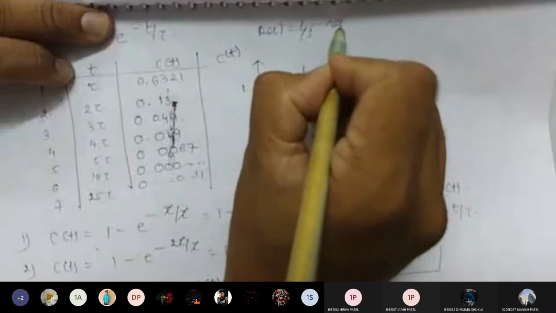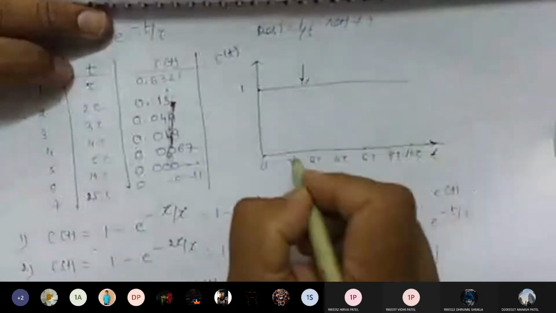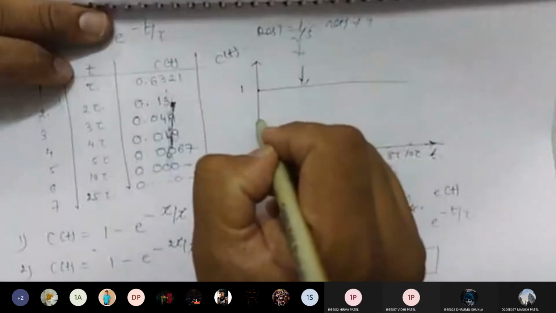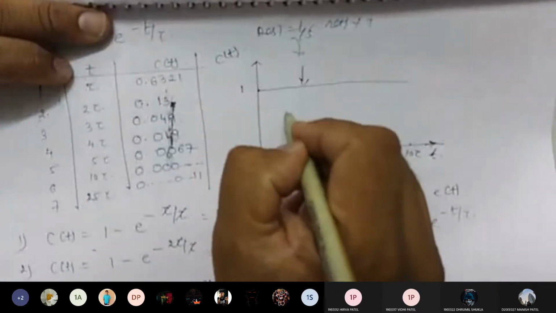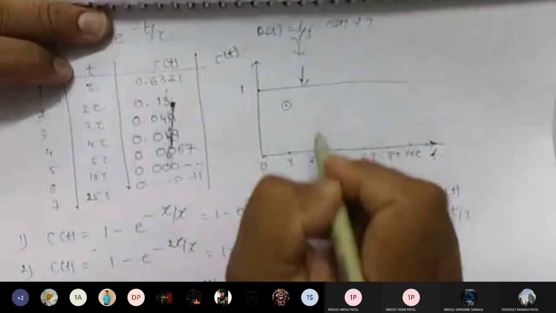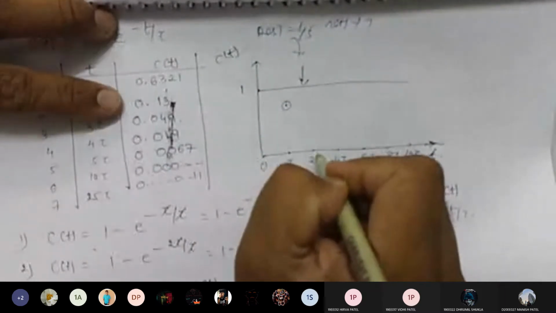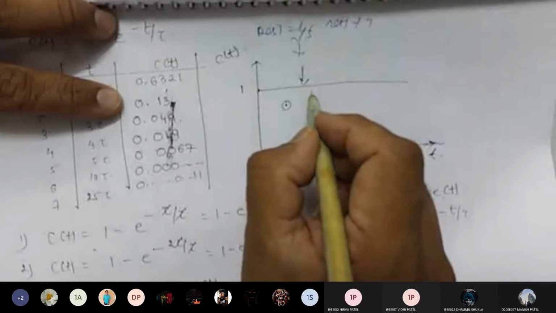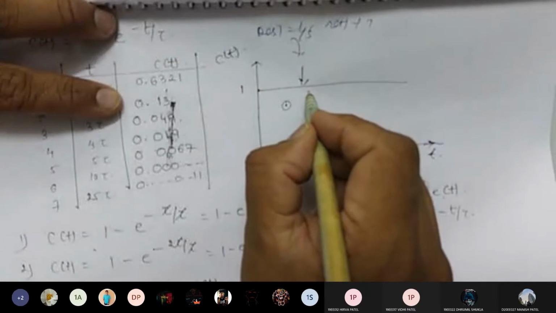So r(t) is nothing but your unit step input, so it will be 1. So we are having this. For tau it will be 0.63, and for 2 tau it is 0.13. Okay, so it will be like over here.